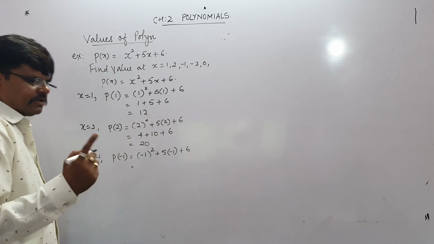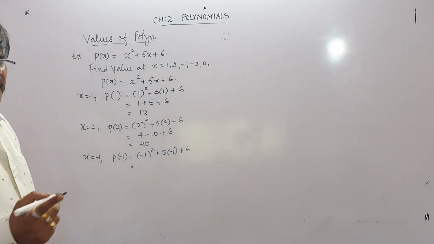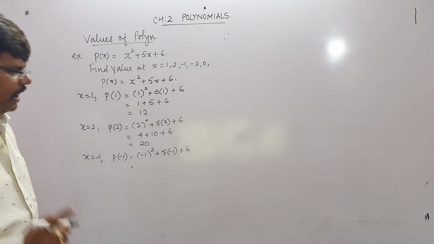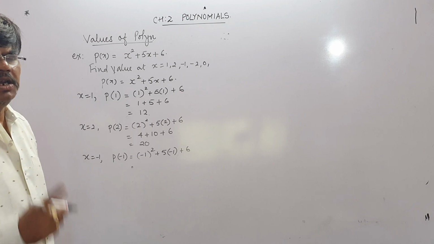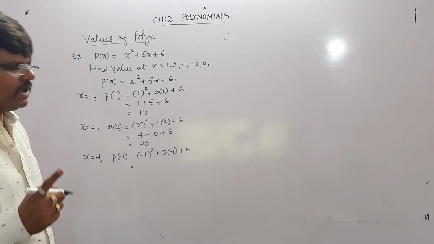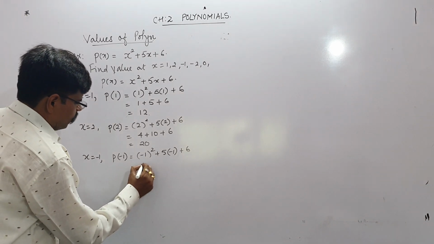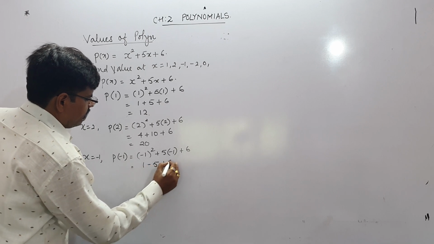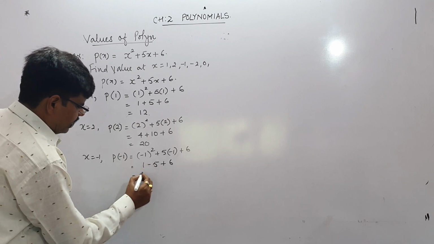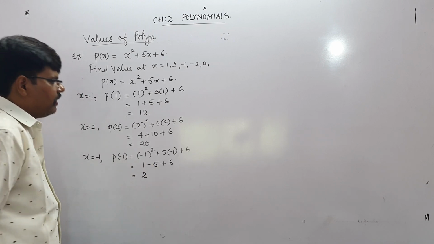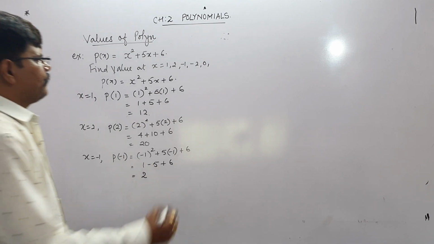Minus 1 square, we have studied in the previous standards. Minus into minus becomes plus. The square of any negative number is always a positive number. So 1 minus 5 plus 6. 1 plus 6, 7, 7 minus 5, the value of the polynomial is 2.